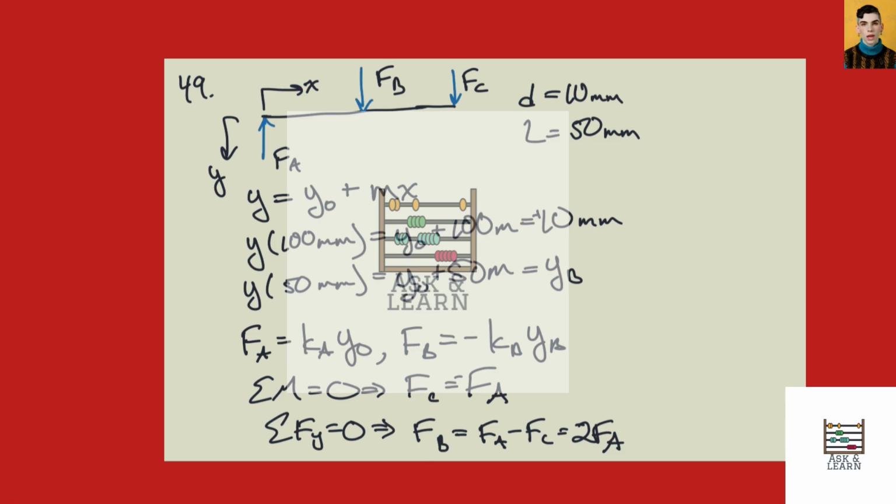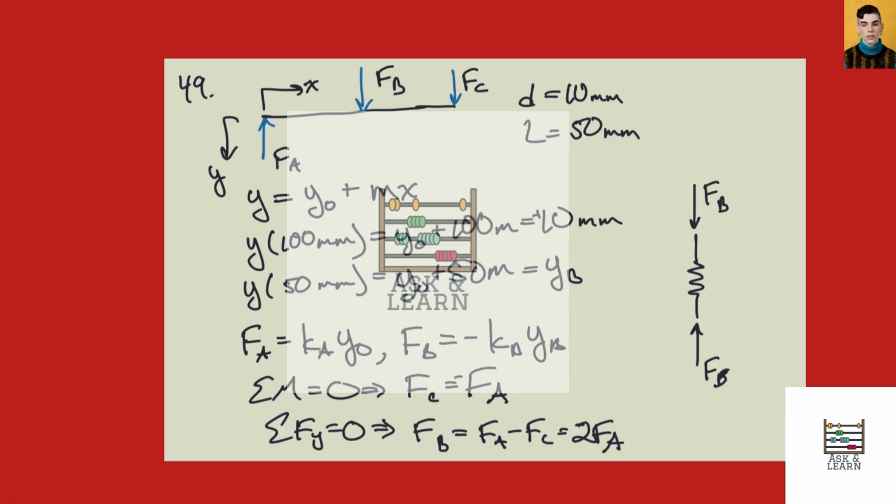Now we also know that the force in spring A here is the spring constant times y naught, the displacement there. And the force in spring B is minus kb yb, and I should describe why it's a minus. If we draw a free body diagram of the spring, then we have an equal and opposite force acting on the spring here from FB, and on the other side from ground.